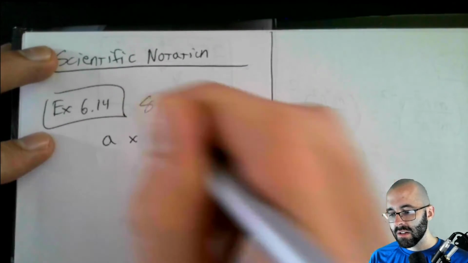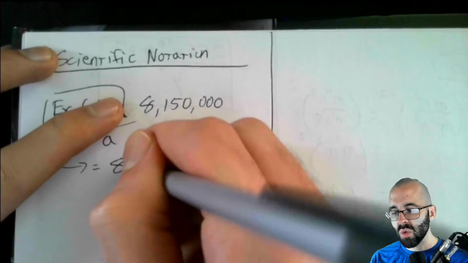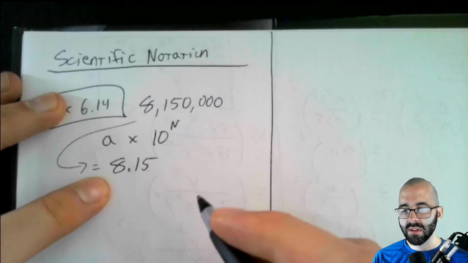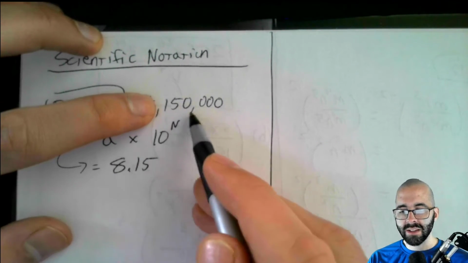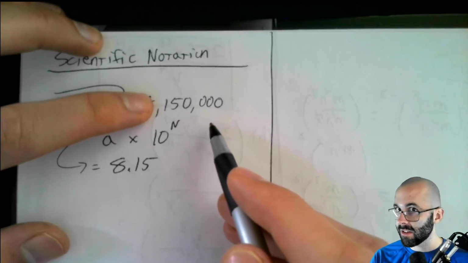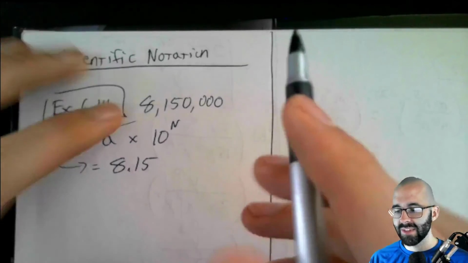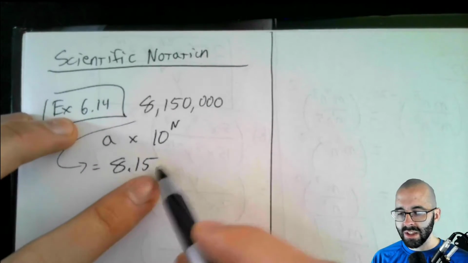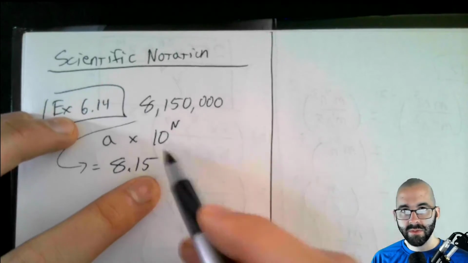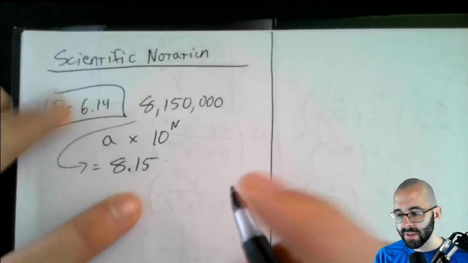So A here is going to be 8.15. So it's always just going to be the first digit, point, the rest of the significant figures. We won't talk about significant figures, but if you do know what those are, that's what we're doing here. So 815, we don't need to include these zeros. Only need to include these zeros if there's something after them that's not a zero.